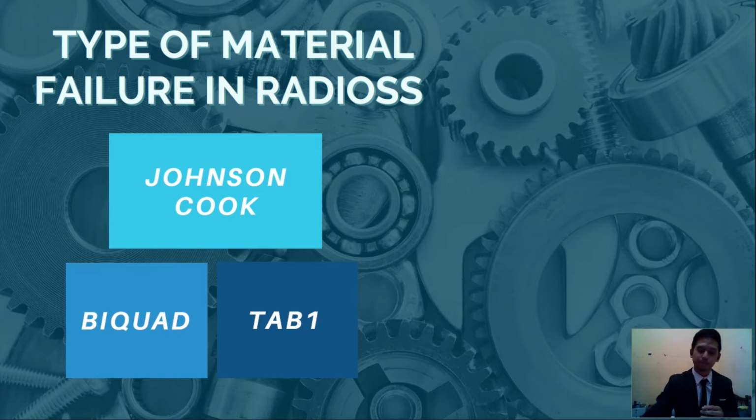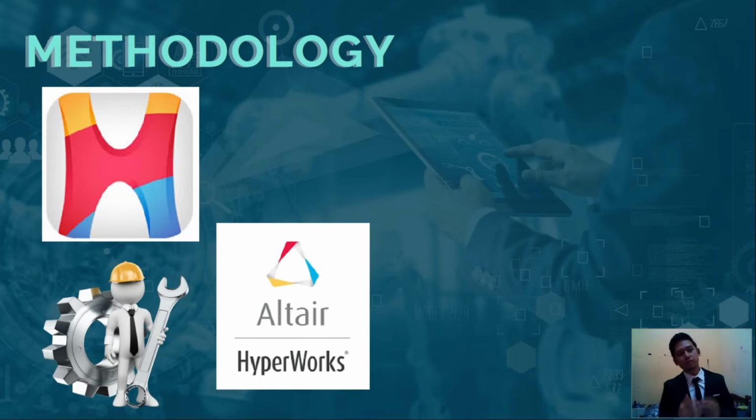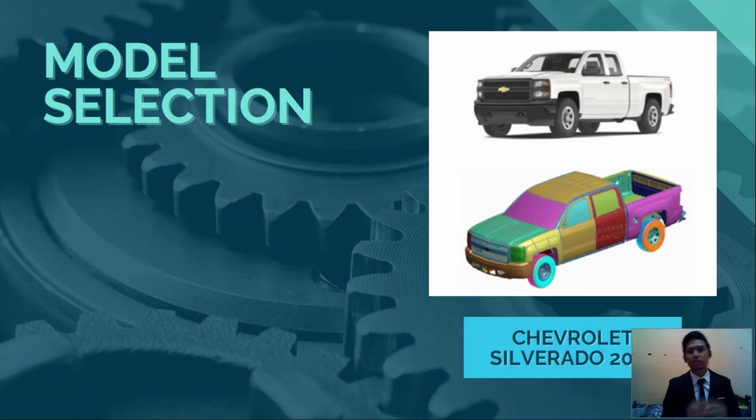For my methodology, for sure I use HyperCrash and HyperView to run the project and to get the graph and the data. For model selection, I have a Chevrolet Silverado 2014, taken from the CCSA website.